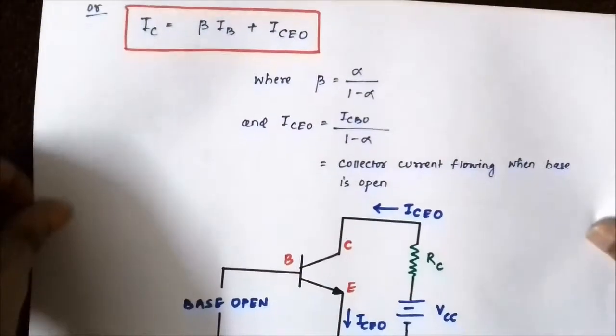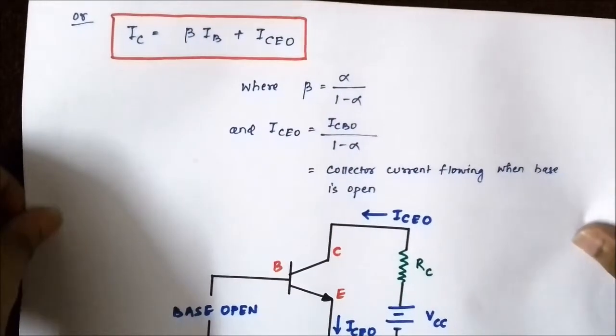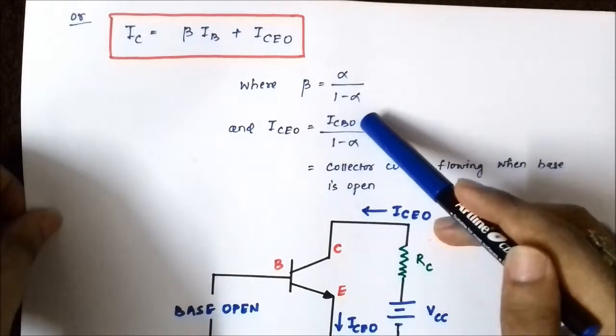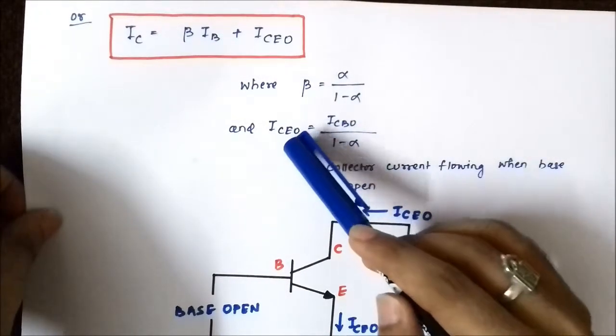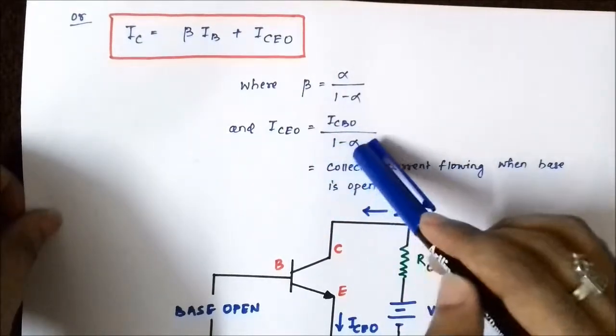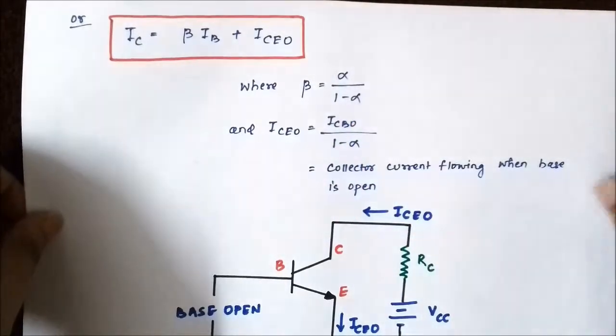Okay, this IC is equal to beta IB plus ICEO, where beta is equal to alpha by 1 minus alpha, and this collector to emitter leakage current with the base terminal open is equal to ICBO by 1 minus alpha, where ICBO is the leakage current for common base configuration.